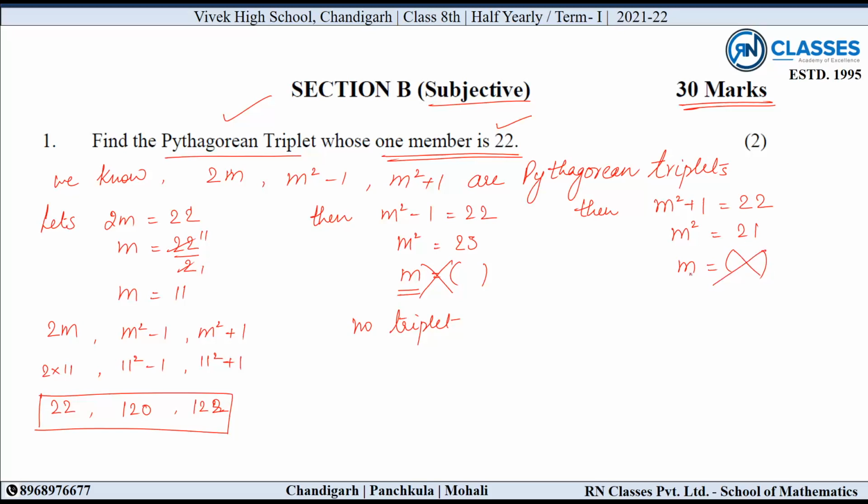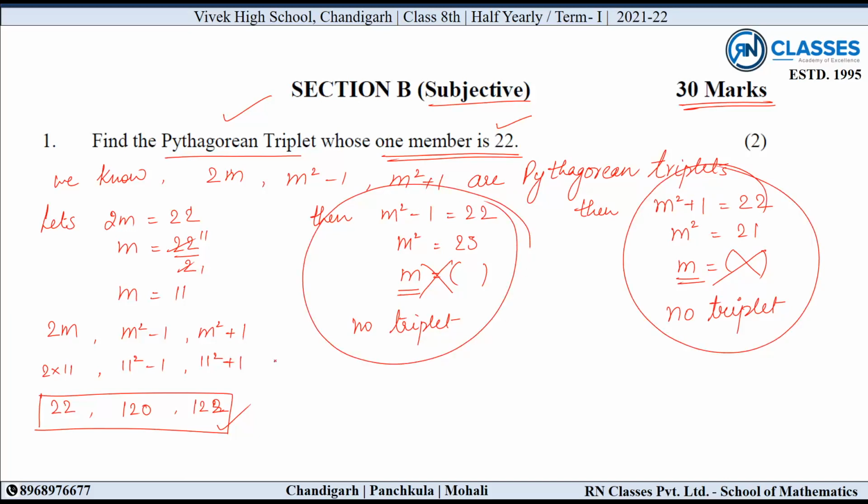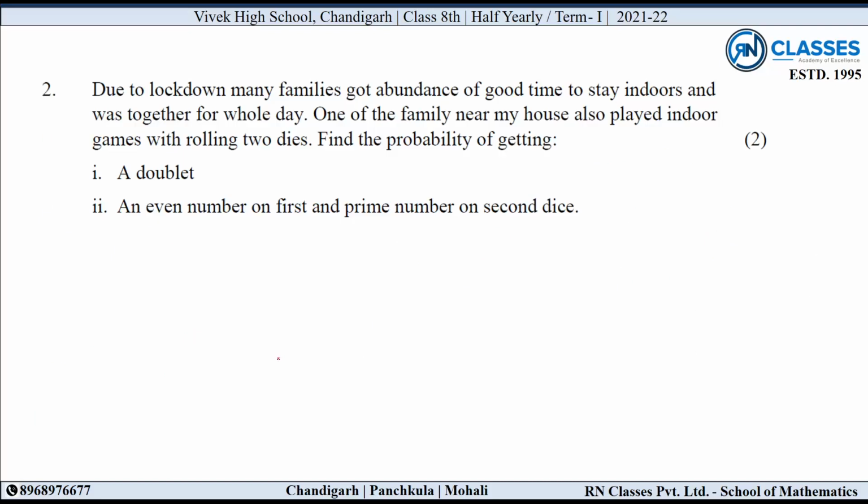No. So again we couldn't find m, so no triplet. So this question is complete, you got full 2 marks, but you have to write these two also, important, only then will you get 2 marks. Question number 2.